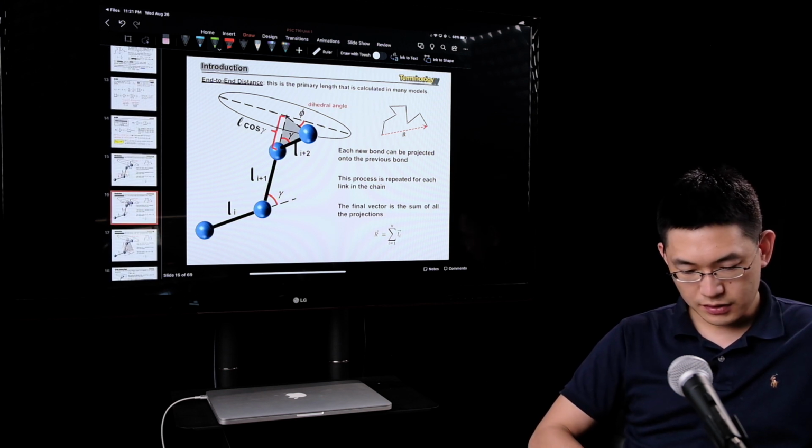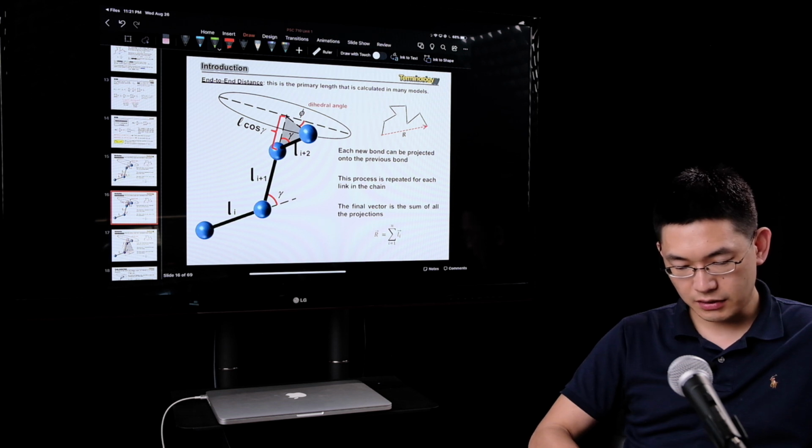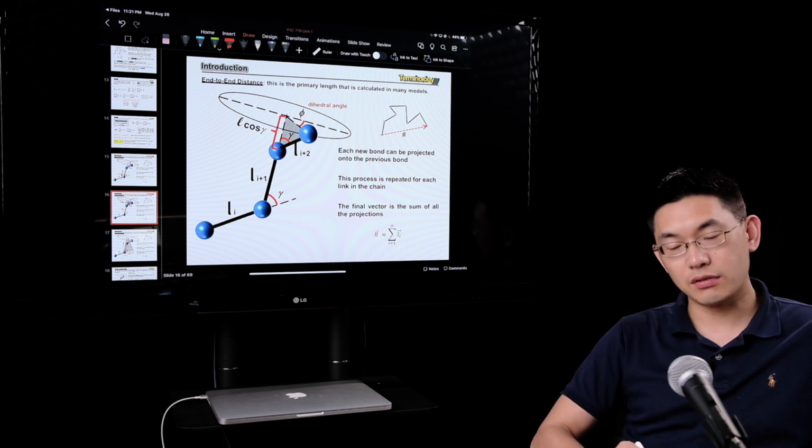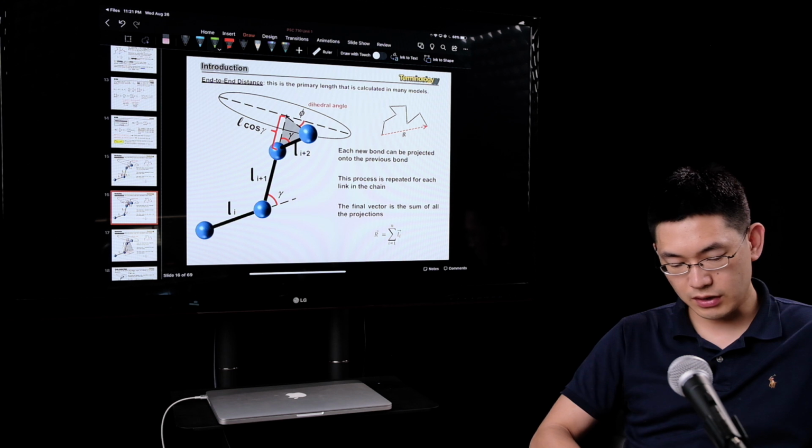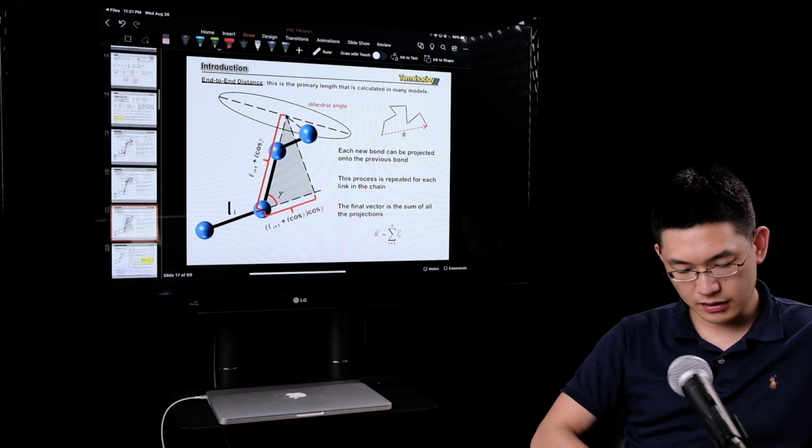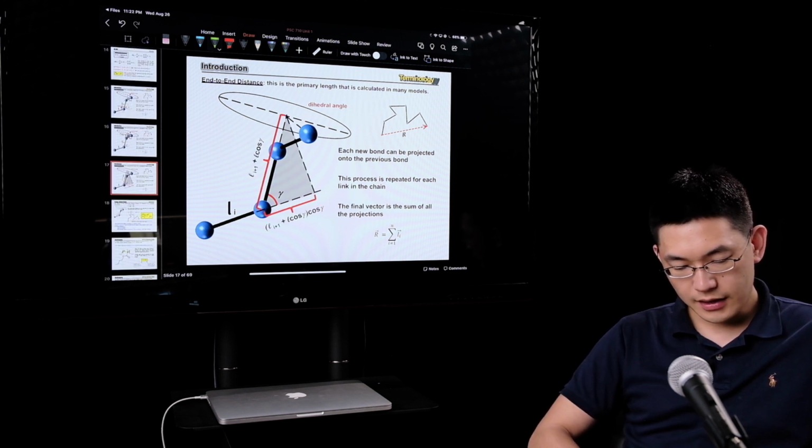And we would also consider the dihedral angle as shown here. And dihedral angle is how much you can rotate in the polymer chain. Okay? And this is a projection I have been discussing, that you would have different degree of projection.